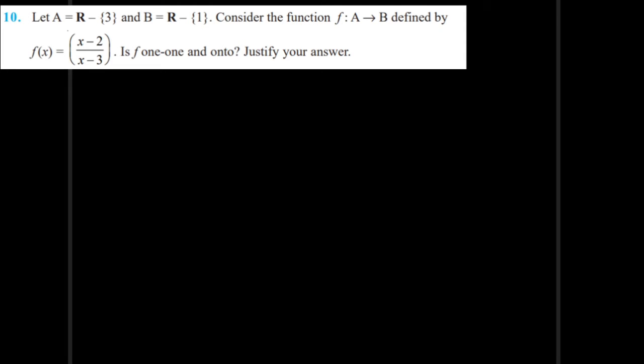So here f of x equal to (x minus 2) by (x minus 3).